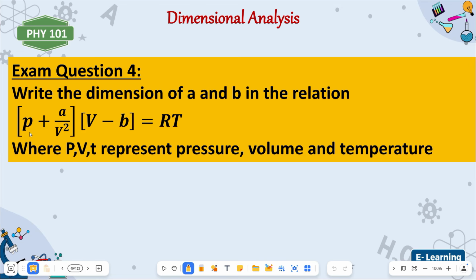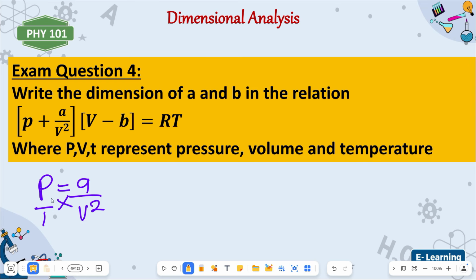Whenever two things are added, it means their dimensions are equal. So we could easily say that the dimension of P is equal to that of A over V squared. Because once two things are added like this, their dimensions are equal. For any two things to be added, the dimension must be equal.